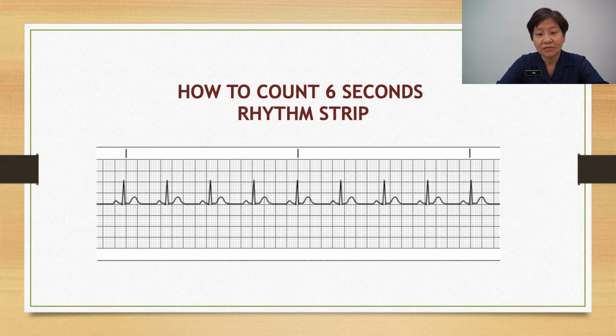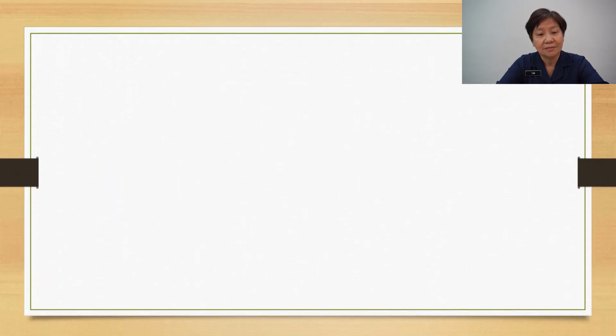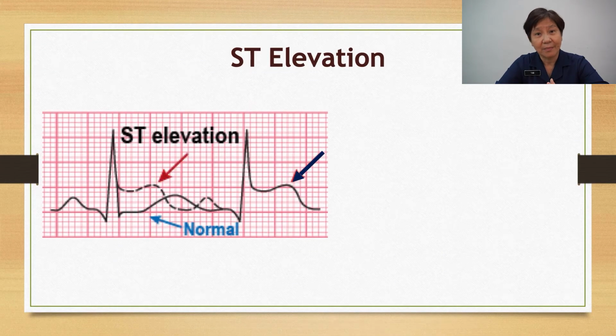Next, I'd like to show you roughly a little bit about ST elevation. You can see from the graph, ST elevation means an infarct pattern. It is very important for you to recognize the infarct pattern, because in our ECG rhythm, we will give you this pattern.